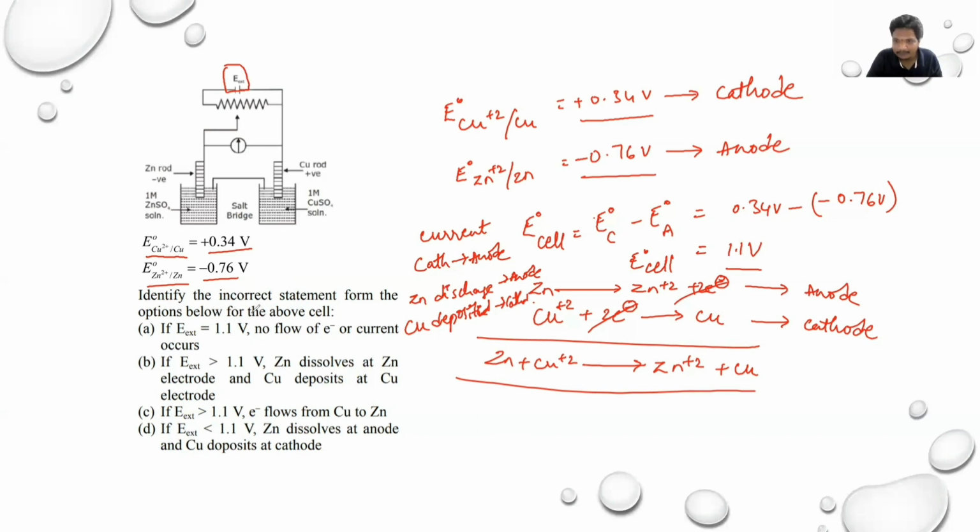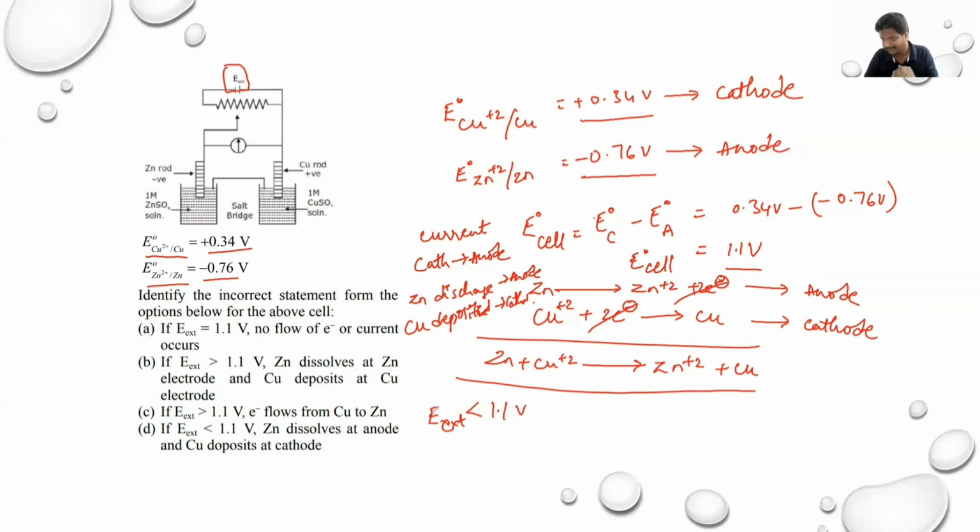Let us assume the voltage of the battery, that means E external voltage, is less than 1.1 volt.